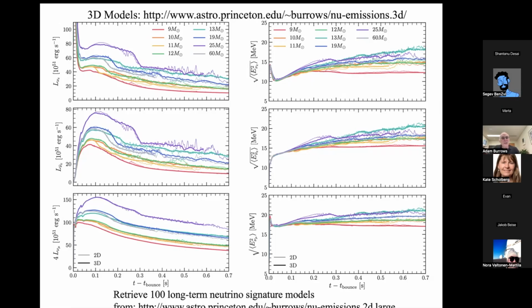You see that the 3D and the 2D are fairly similar qualitatively. This is the electron neutrino, this is the anti-electron neutrino, and this is the mu, tau, anti-mu, and anti-tau bundled together. 2D and 3D are fairly similar. The 2D has oscillations because of the symmetry, which are smoothed out in the 3D calculation.